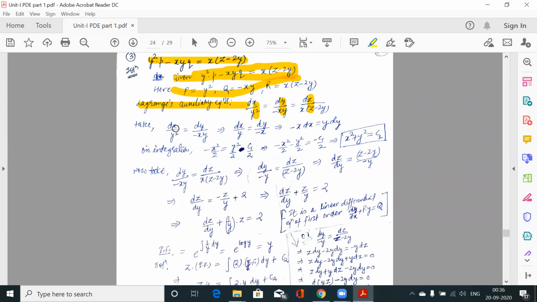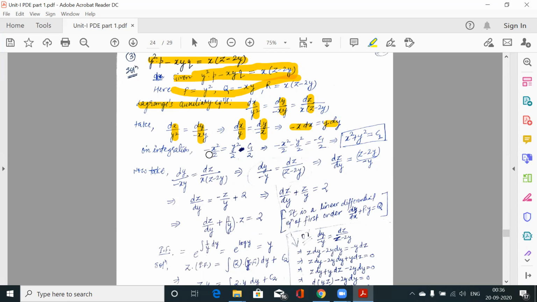By taking the first two fractions, dx over y square, dy over minus xy, one y would be cancelled. So this would be dx over y, dy over minus x, where x would be multiplied to the dx and y would be multiplied to the dy. So now this is directly integrable.